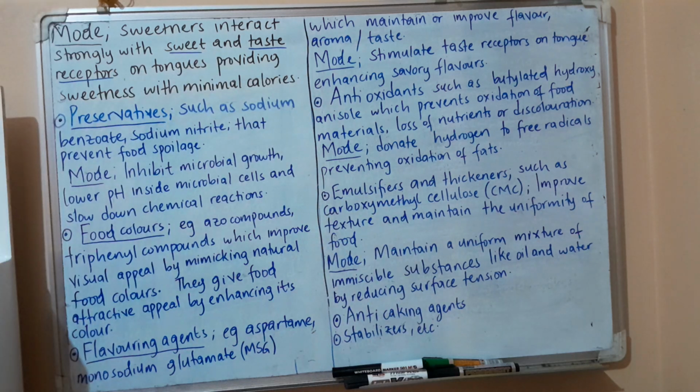Then we also have antioxidants. Their role, just as the name sounds, is to prevent oxidation, which prevents acidity. They try to maintain the freshness of food so that it does not become acid. I'm going to give you a simple example.